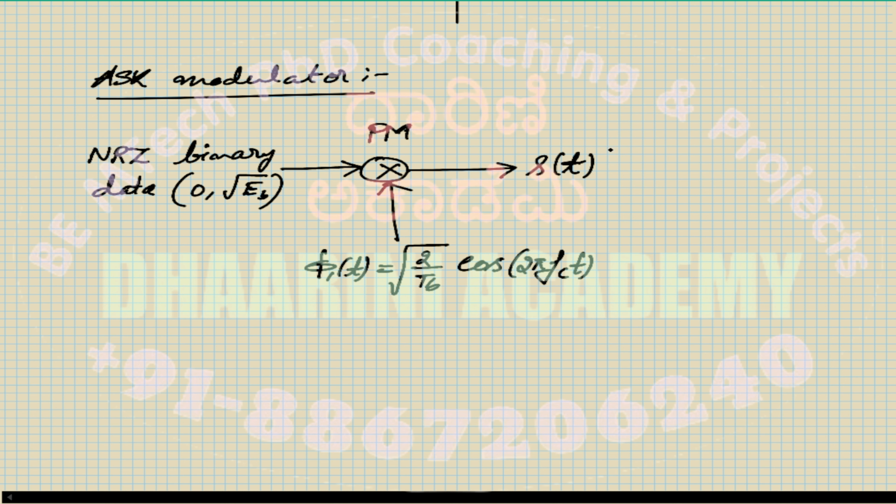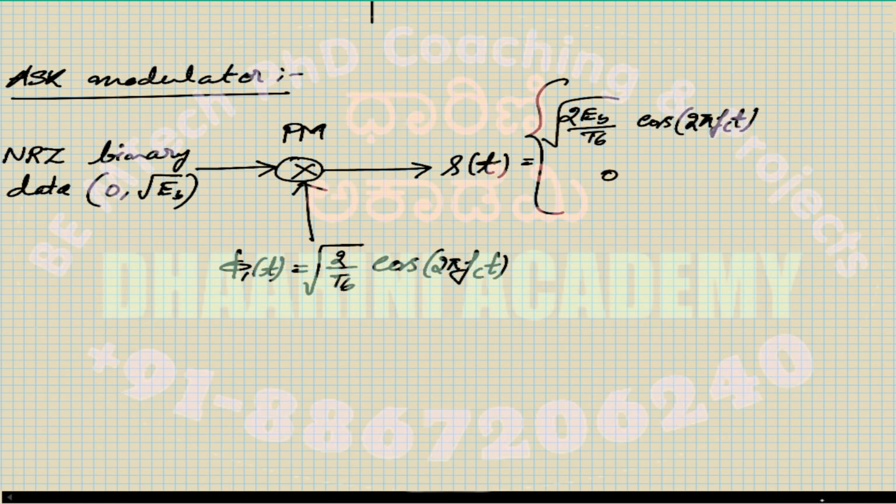So s of t could be one of them, like root of 2Eb by Tb into cos 2 pi fc t. Otherwise, this could be 0. Okay. So this is when 1 is sent. And this is if 0 is sent.